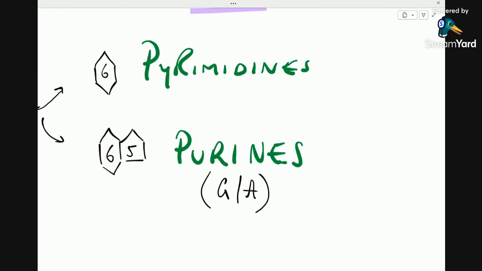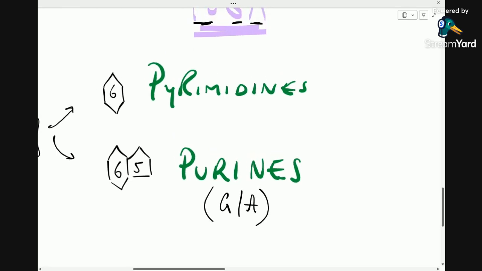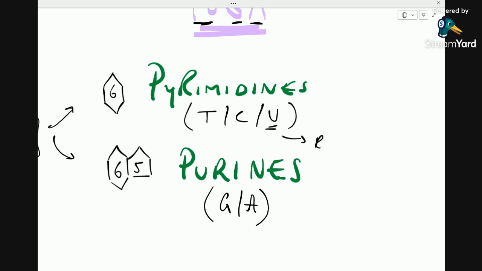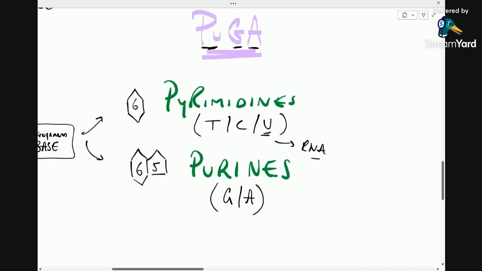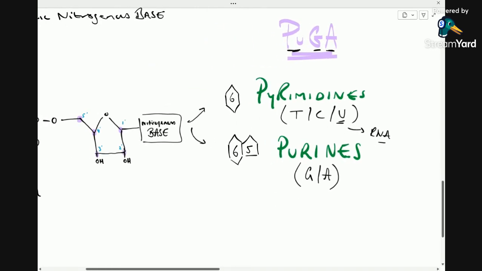They will have this double ring structure, whereas the rest have the single ring structure and are referred to as pyrimidines. So this would be T for thymine and cytosine, and uracil if you're talking about RNA. So this is in RNA. Hopefully we know that from GCSE though. That's all you need to be able to distinguish between the two. You don't need to know any more chemical detail, but I will show you in a minute.